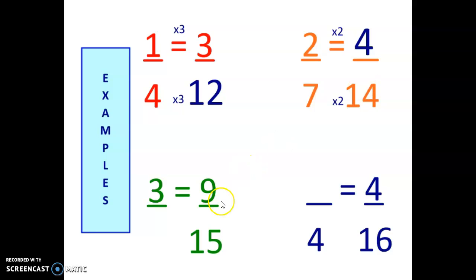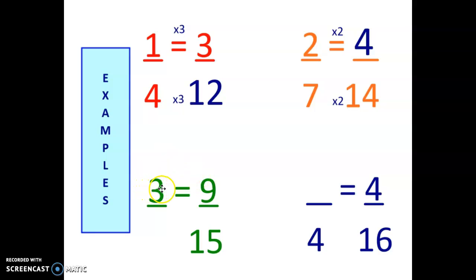Let's have a look at example number 3. These are slightly harder as we are working backwards. We are missing the first fraction rather than the second. In this question, rather than looking at how I get from 3 to 9, I'm going to work backwards and say, how do I get from 9 back to 3?